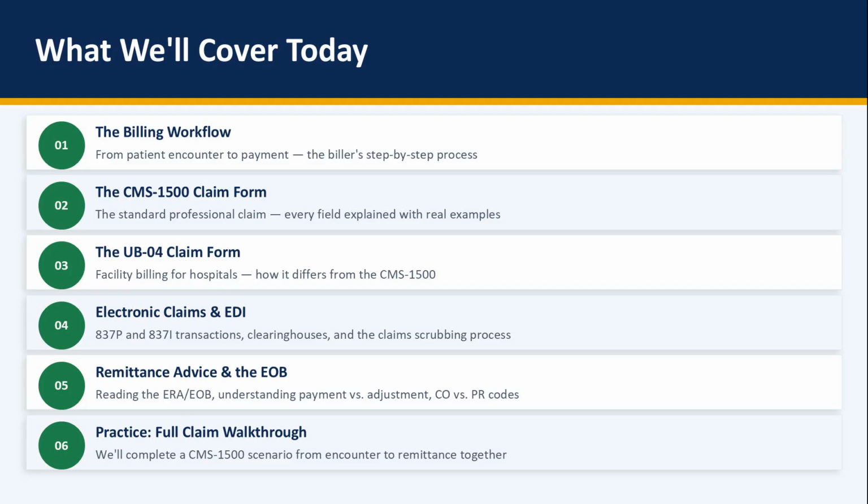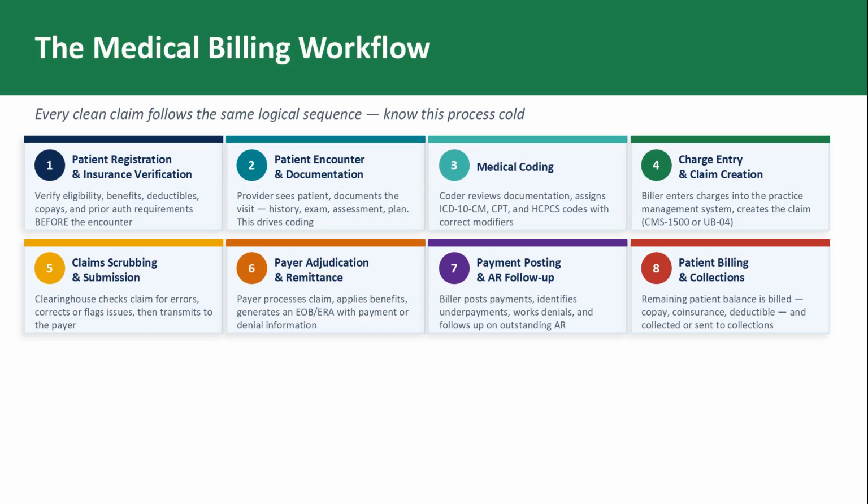Let's go. Before we get into the specific forms, let me give you the full billing workflow, all 8 steps. Understanding the sequence helps you understand where each form, each process, and each document fits. Step 1. Patient registration and insurance verification. This happens before the patient is even seen.